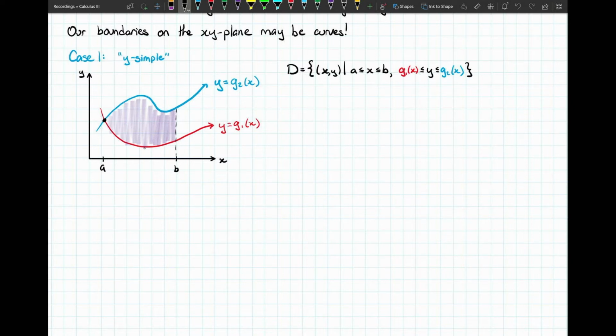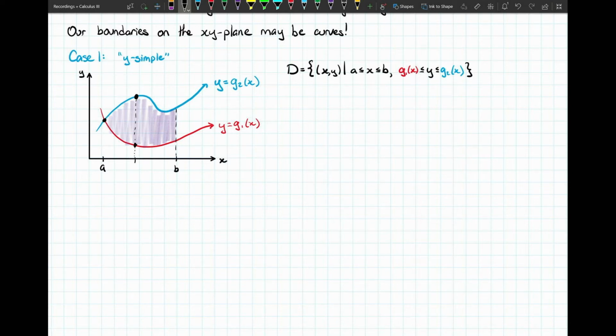But as we see, traveling from a to b, at an arbitrary x value here, our y boundaries are not always going to be the same. These 2 points that form the boundary top and bottom of every little vertical section of this area is going to be bounded below by g1 of x and bounded above by g2 of x. And that's where we get this inequality from.